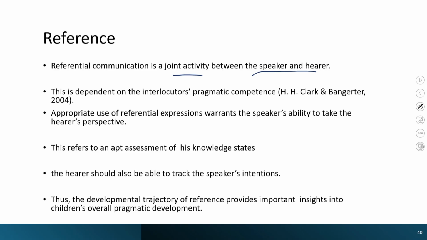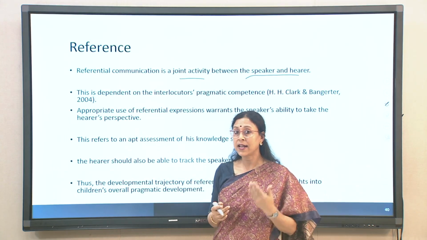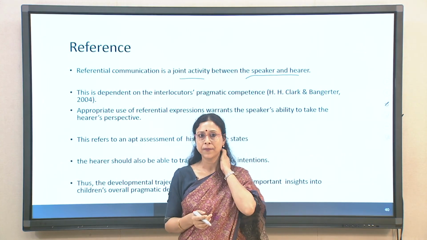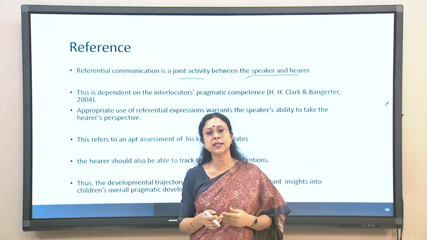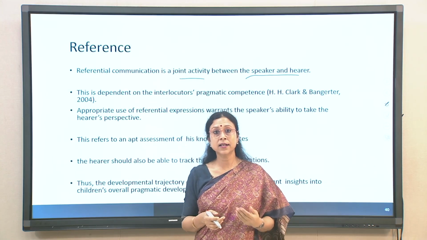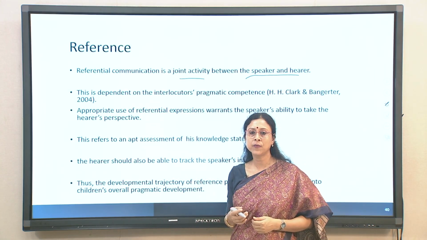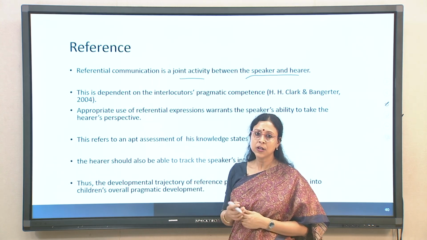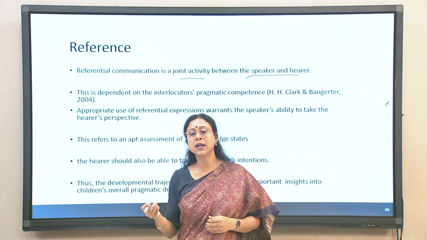This is dependent on the interlocutor's pragmatic competence. What the other person is trying to say, you have to understand. Appropriate use of referential expression warrants the speaker's ability to take the hearer's perspective, and this refers to the apt assessment of the hearer's knowledge state. If you are referring to something and you need to understand what the hearer will understand.